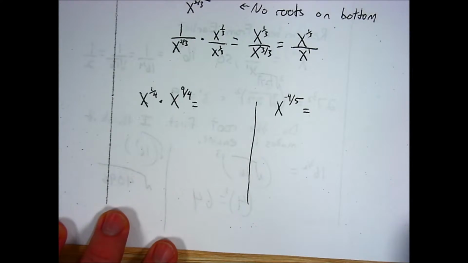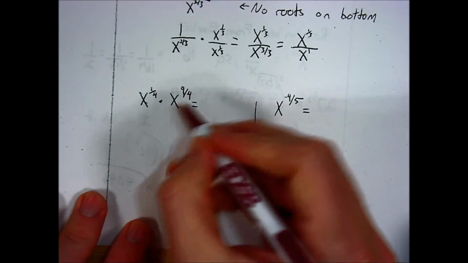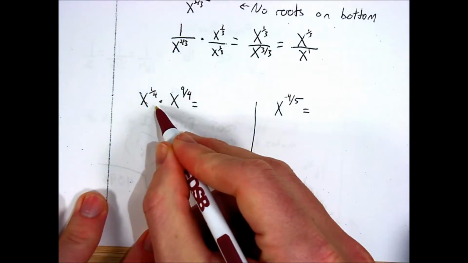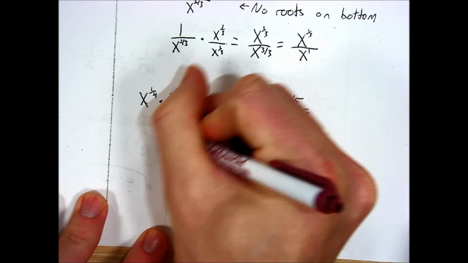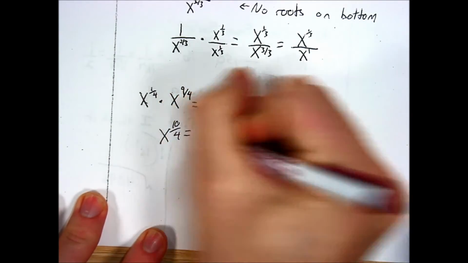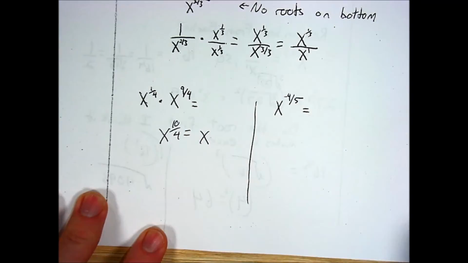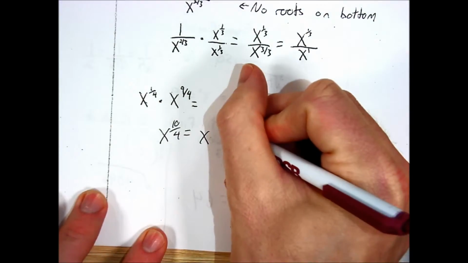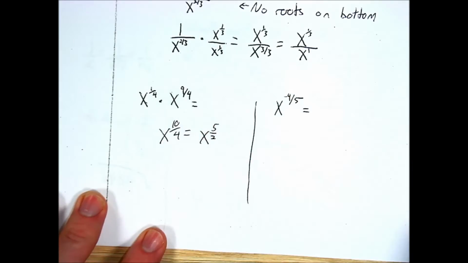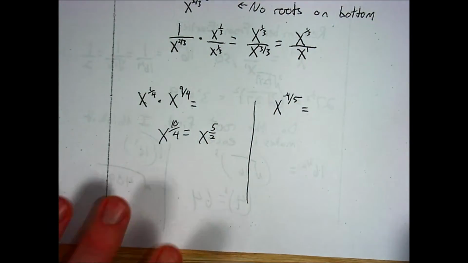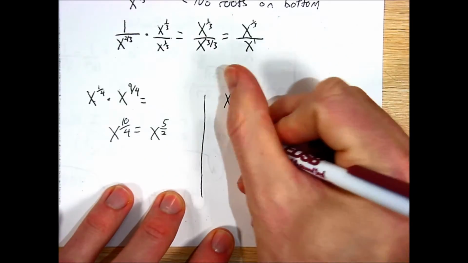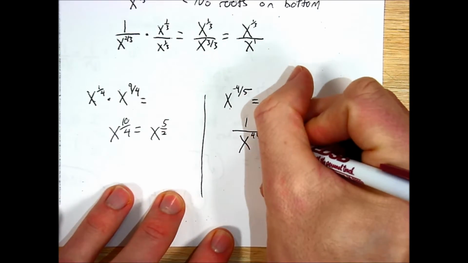Hit pause and give these a shot. Alright, so when we add these up, 1/4 and 9/4 is going to be x to the 10/4, which is reducible. Is that a word? Reducible? To 5/2. And then over here, x to the negative 4/5, we're going to have 1 over x to the 4/5.